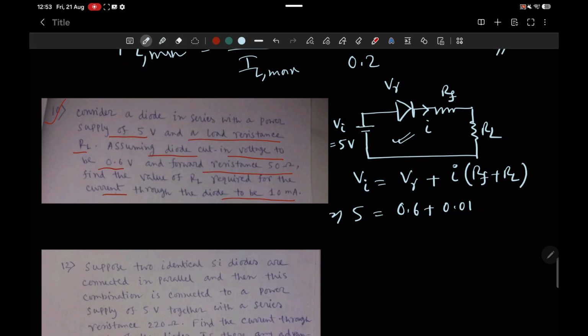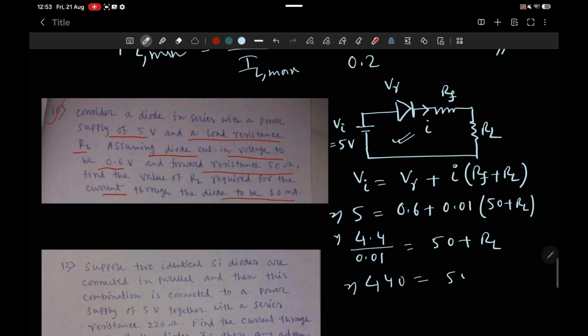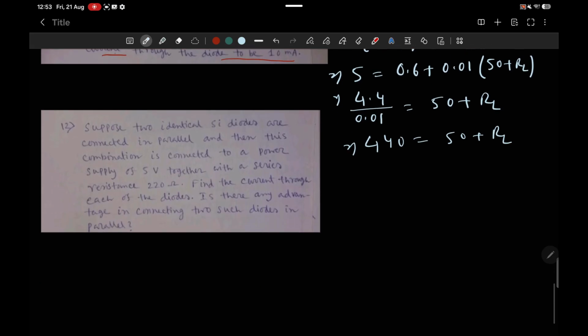So it will be 4.4 by 0.01 is 50 plus RL, so it will be 440 is 50 plus RL, so RL will be 390.